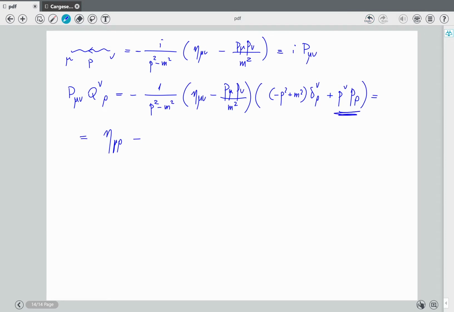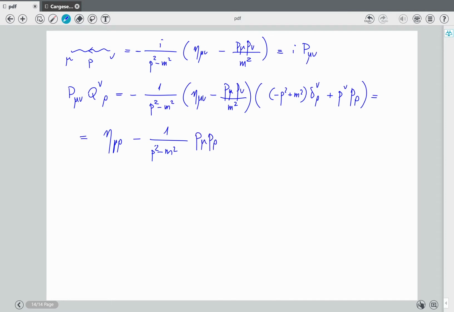Let's recapitulate: we have multiplied these two, and now we multiply these two. So that will give minus 1 divided by p² minus m² times p_μ p_ρ.